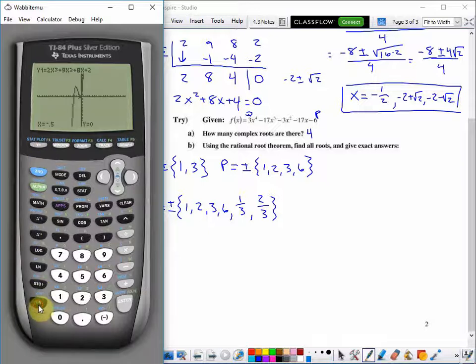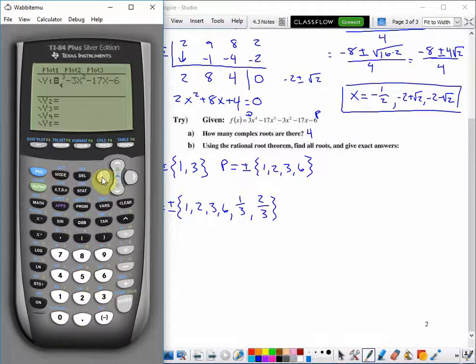So back to our graph. So we're putting in 3x to the 4th minus 17x cubed minus 3x squared minus 17x and minus 6.